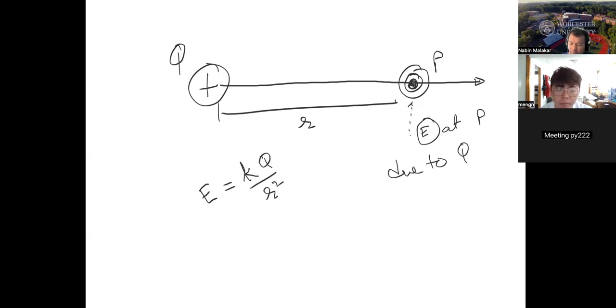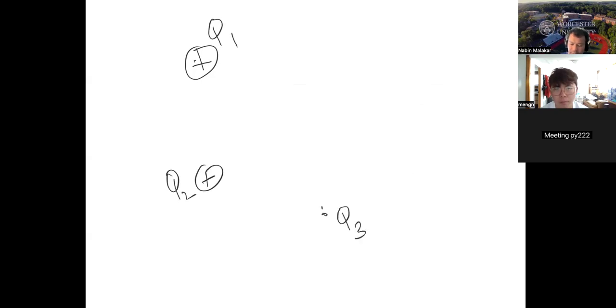Now this is for only one charge, but sometimes you can have multiple charges. So there is one charge here, Q1, another charge here, Q2, and there could be another charge here, Q3. If you are at point P and trying to find the electric field, then you connect the distance. That's a positive charge, so it's R1, and this is my E1.